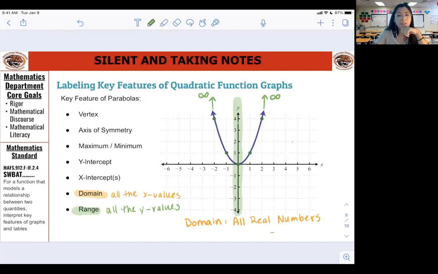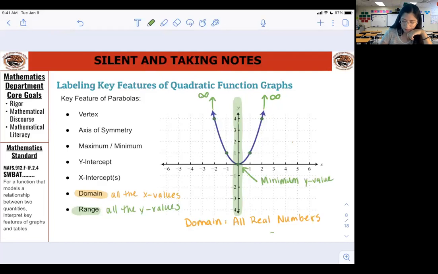How far down does this graph go? All the way to the origin. Remember, this is the minimum y value. It doesn't go past that number. It goes to the origin and then back up. So it's never going to dip down below 0.